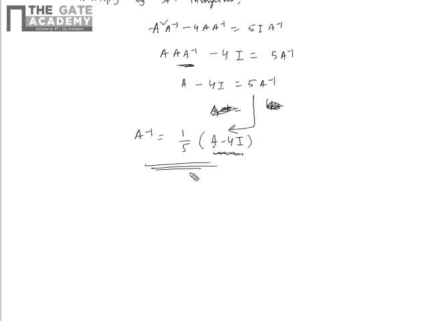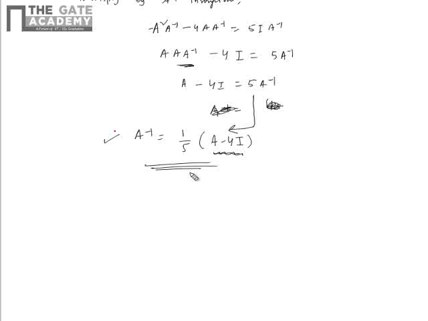So the inverse of a matrix can be easily evaluated once you know the characteristic equation, because you know that the square matrix also satisfies that characteristic equation. That is what the Cayley-Hamilton theorem says. Otherwise, in the normal routine procedure, you would find the adjoint, then find the determinant and divide the adjoint of A by the determinant, so it takes some time.